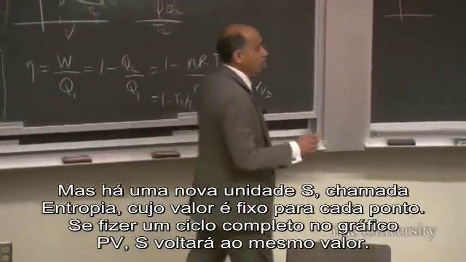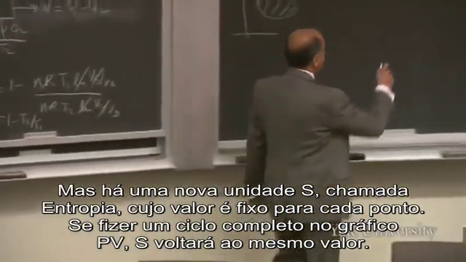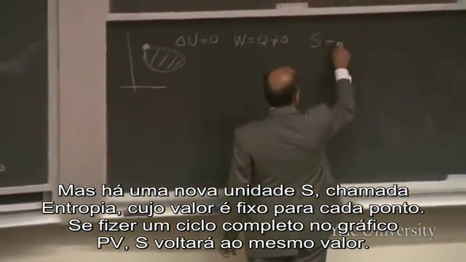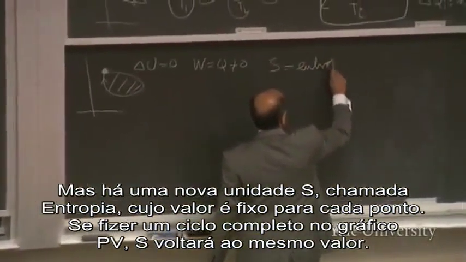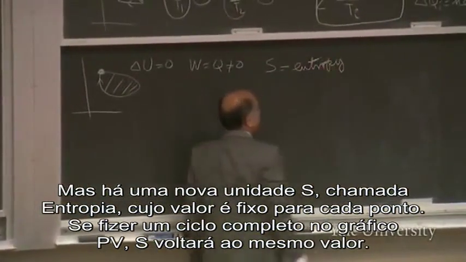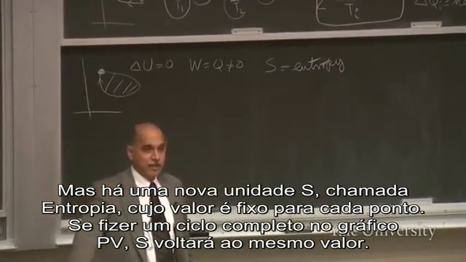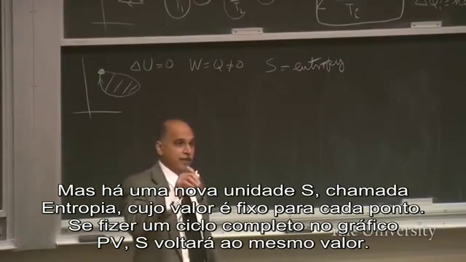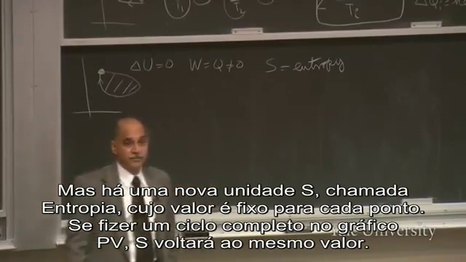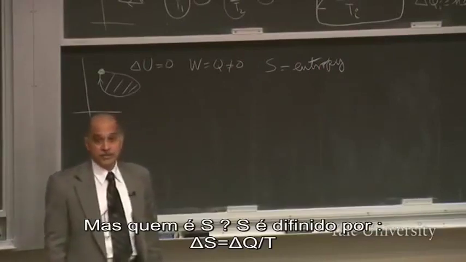But there is a new unique quantity S called entropy, which has a fixed value at a given point. And if you go for a little loop in the PV diagram and you come to the same point, S will return to the starting value. So who is this S?